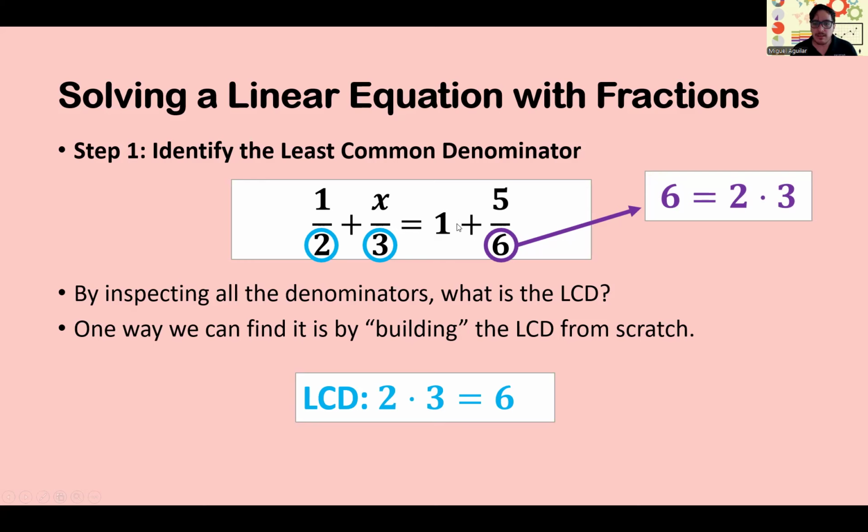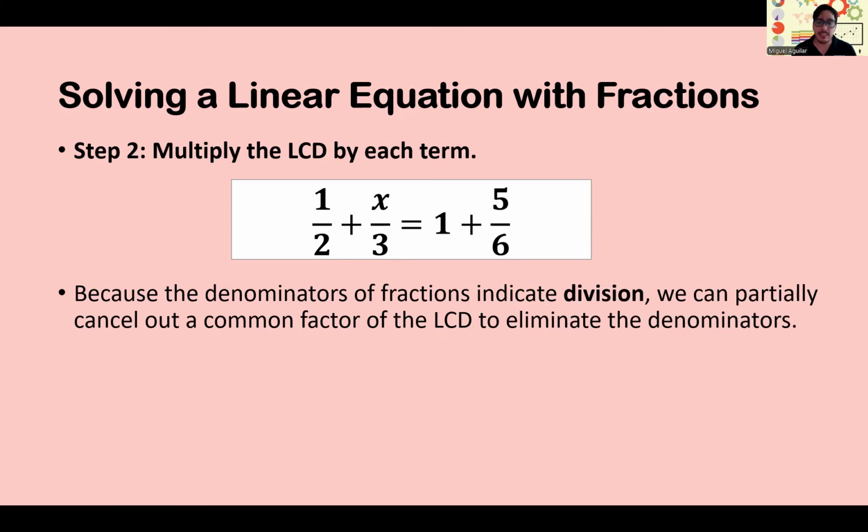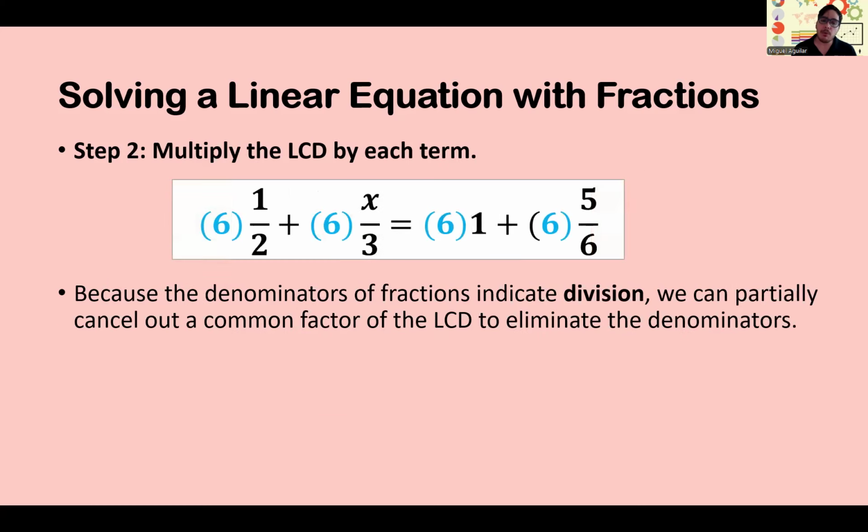Okay, but for this problem, we made a list. We found the LCD by just listing out multiples of 2, 3, and 6. We said it was 6. So in the PowerPoint, what I do is instead of writing the bucket with 2 times 3 on every single term, I just multiplied by 6. So here you can think about what is 6 divided by 2.